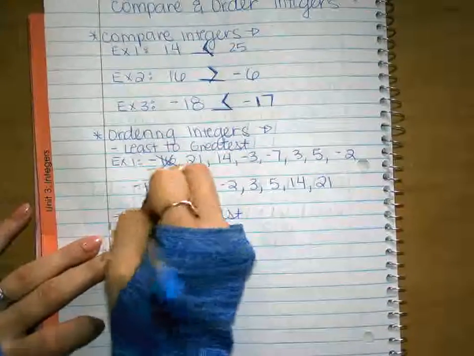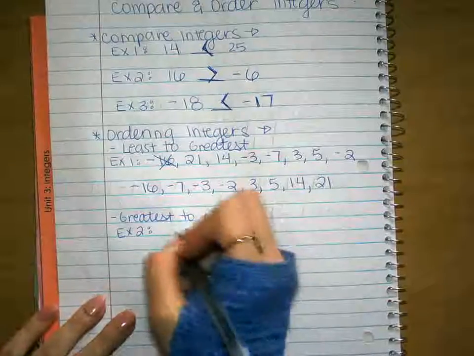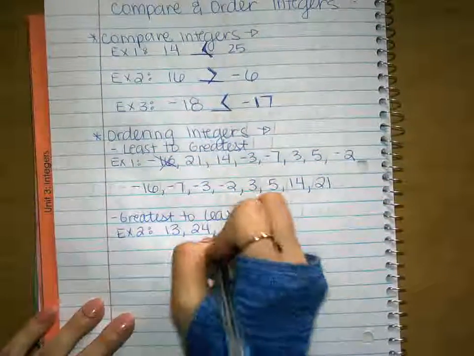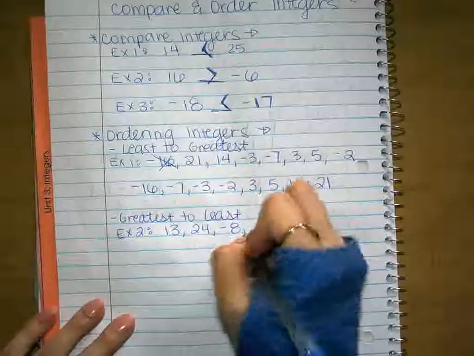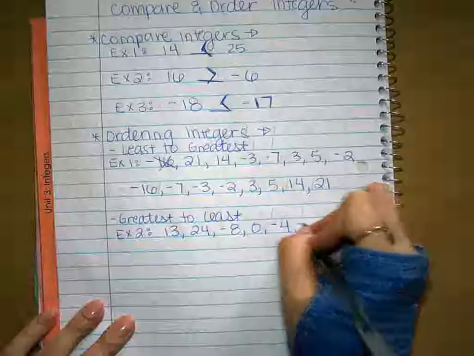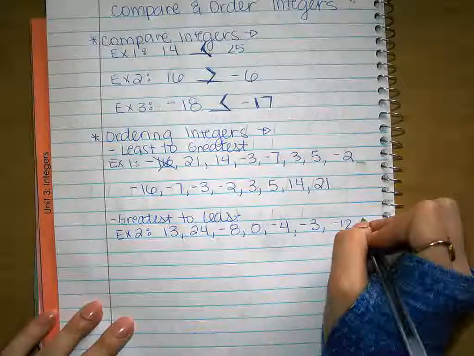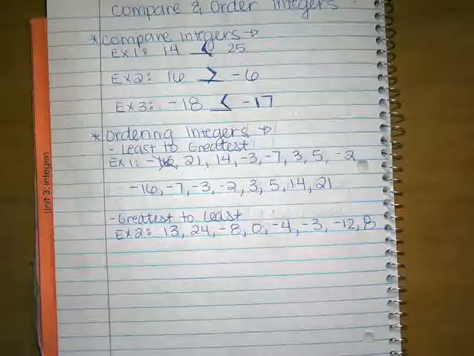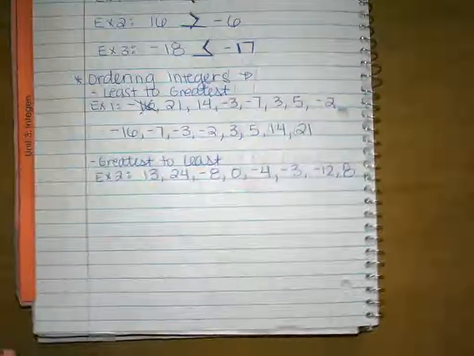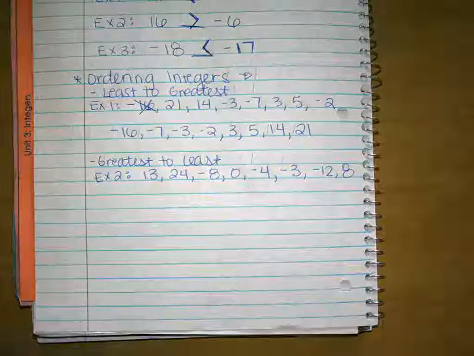Here is that example, example number 2: 13, 24, -8, 0, -4, -3, -12, and 8.